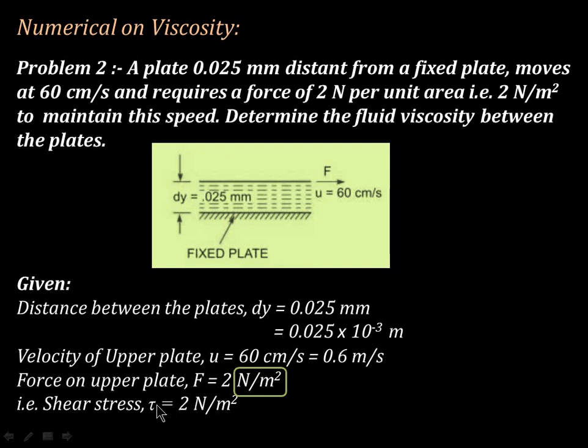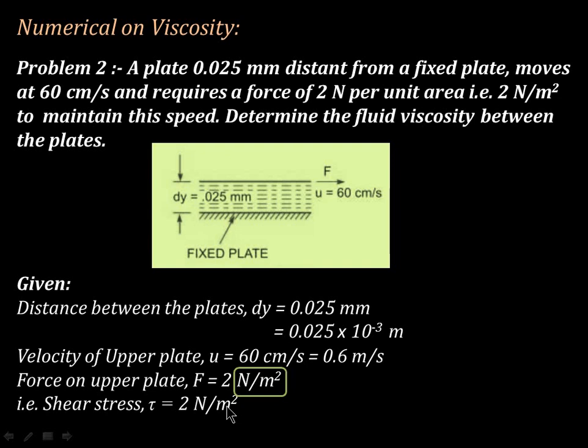We know that the formula for shear stress is shear force divided by area. So force will always be in newtons and the stress or pressure will be in Newton per meter square. So of course 2 Newton is the value of force per unit area. That's why the shear stress value is given as tau equal to 2 Newton per meter square.